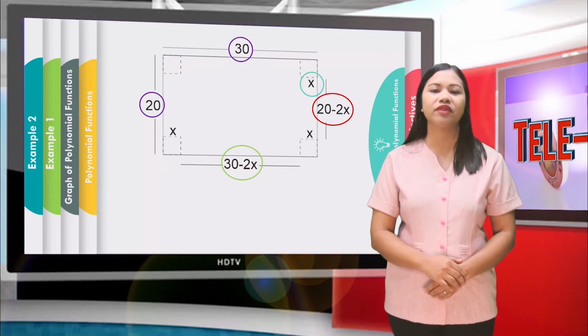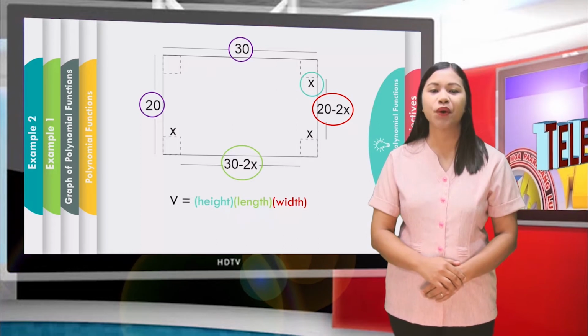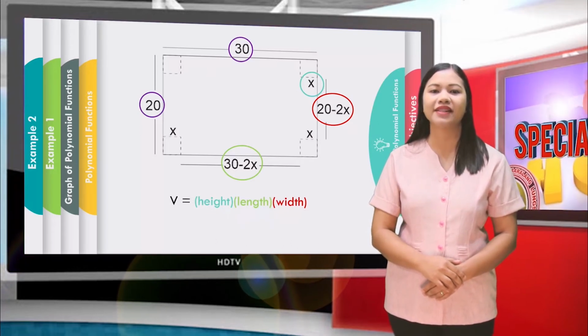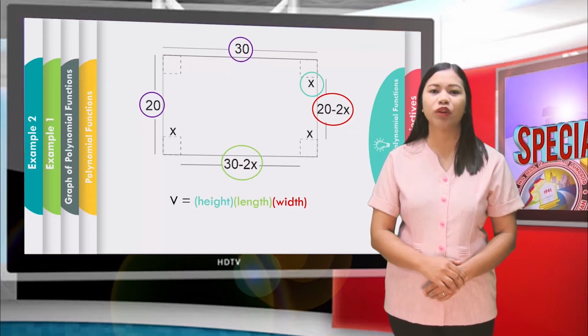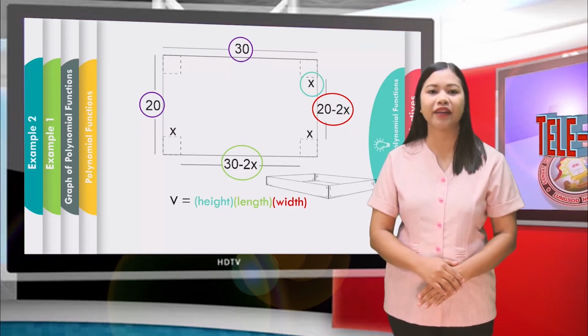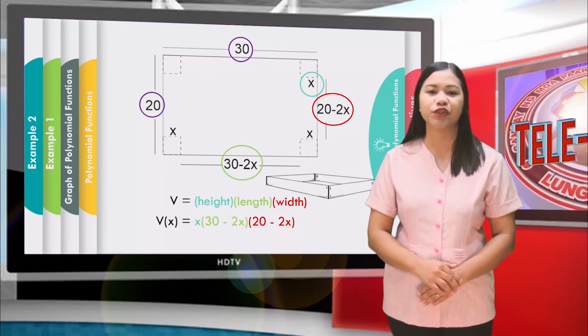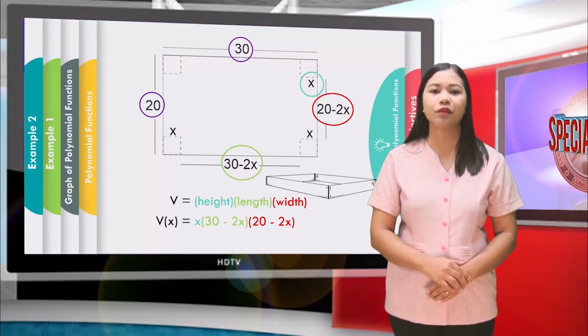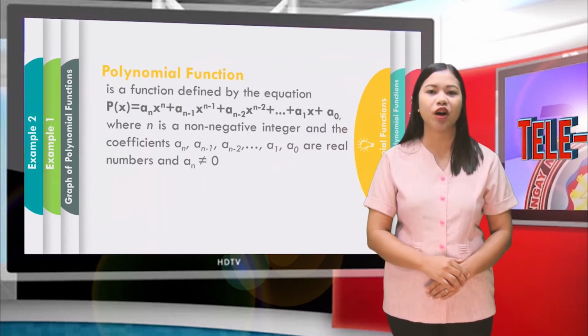Since the volume of the box is represented by this formula, the volume of the open box is V of x equals x multiplied by quantity 30 minus 2x multiplied by quantity 20 minus 2x. This equation is now an illustration of a polynomial function.